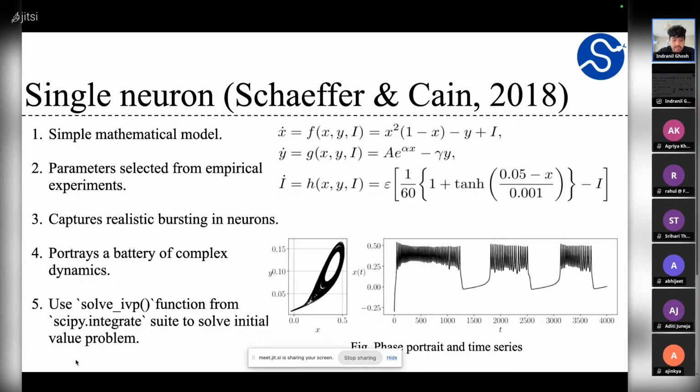And again, this is a Python talk. So just to focus on what functionalities I use from the package, I've used solve_ivp. IVP is short for initial value problem. It solves a dynamical system with a one-liner, and it's from the SciPy integrate suite of the SciPy package.